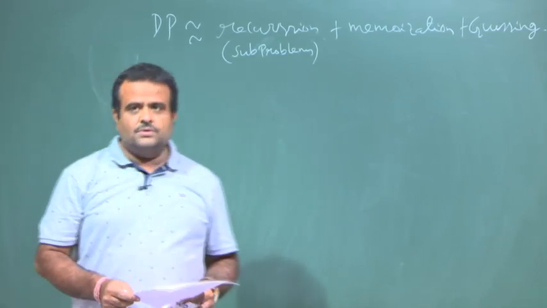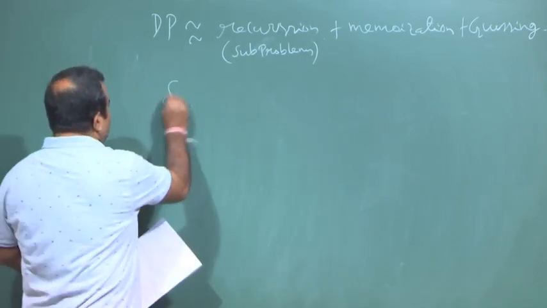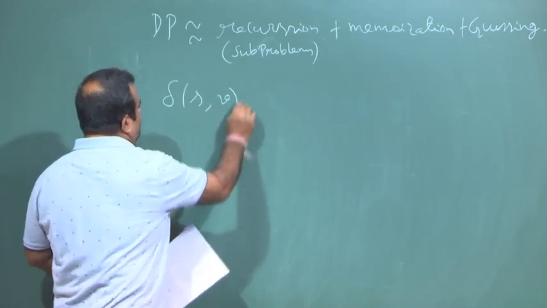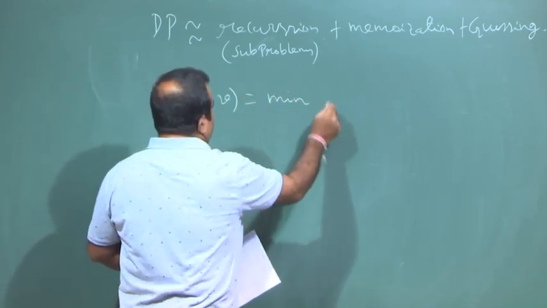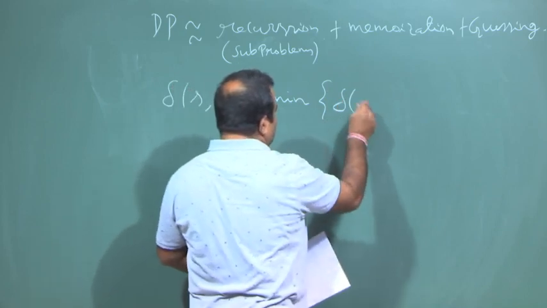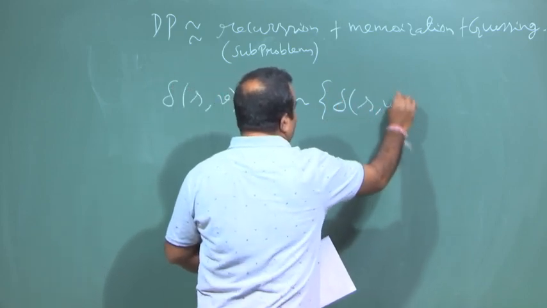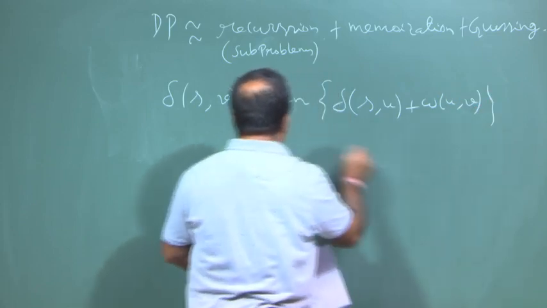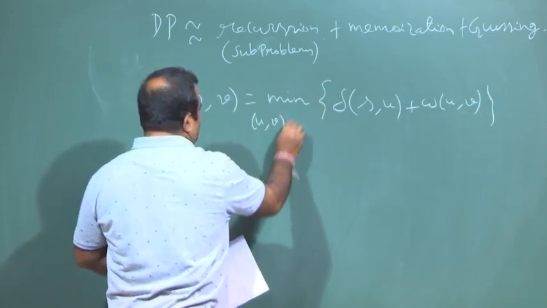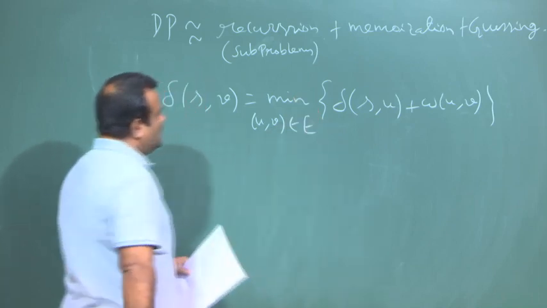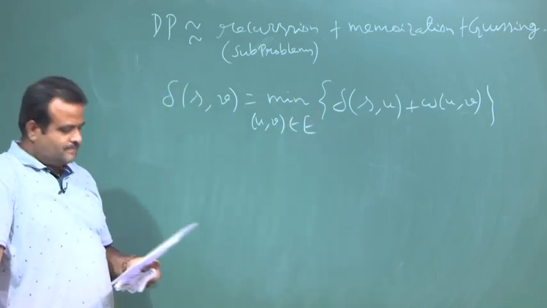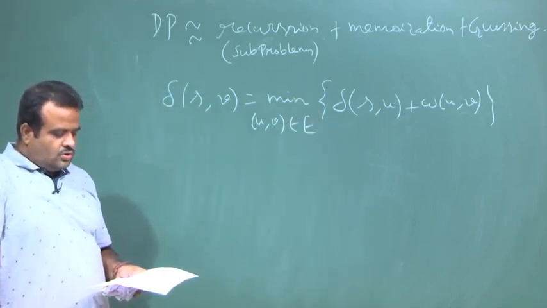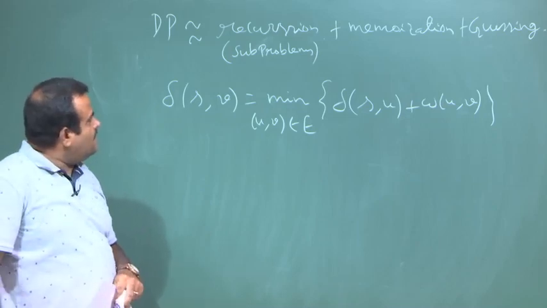Now, what is the delta of s comma v? Delta of s comma v is the minimum of delta of s comma u plus w of u comma v, where u v belongs to E. This is the recursive formula.